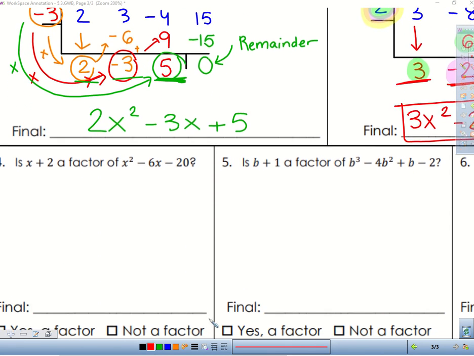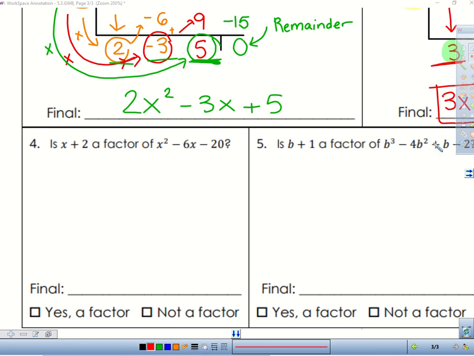Alright. So if we want to see if something is a factor of something, we can use synthetic division to do that, if the thing that we're looking for a factor of is in the form that we need it to be for synthetic division. So we set up. What's going to go on the outside here? Good. What's going to go on the inside? 1, -16. Good, and -20.